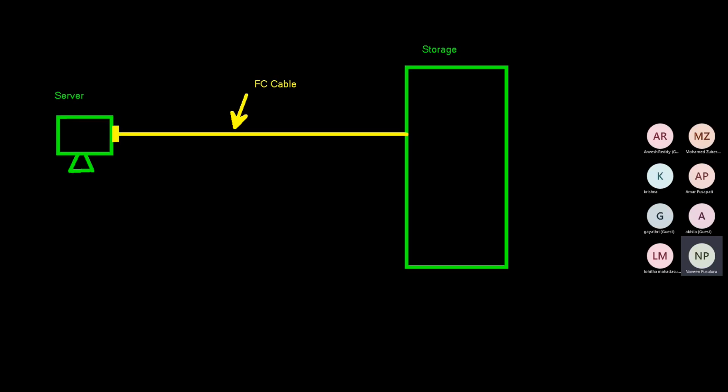That means my server HBA will be connected to the storage FCA, the storage Fibre Channel adapter, directly with a cable. That's it. This is point to point. Why do we call it point to point? Because this is one point, where my server is, and this is another point, where my storage is. So only two devices can be connected in a point-to-point network.